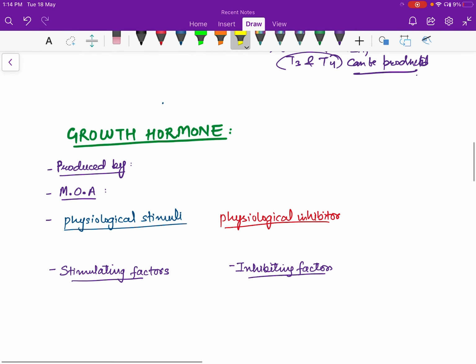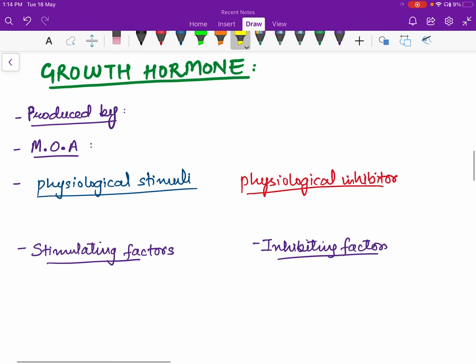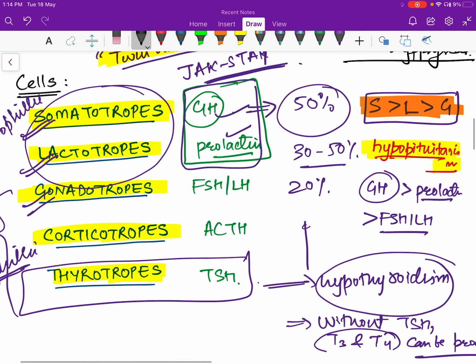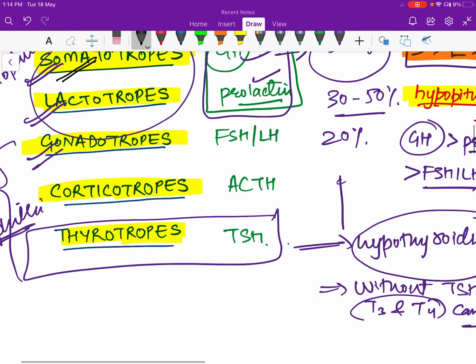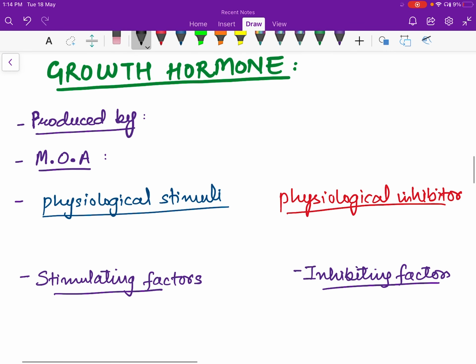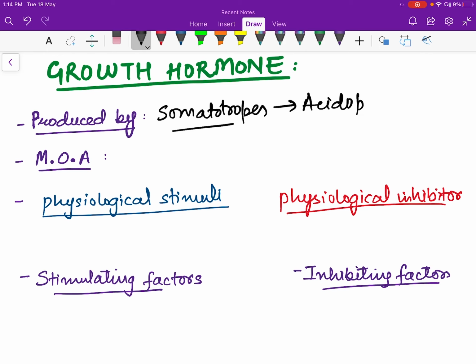Now let us try to discuss growth hormone in detail. First of all, which cells of the pituitary produce growth hormone? As you can see, somatotropes, which are acidophilic cells, produce growth hormone, and they constitute almost 50% of cells in the pituitary.